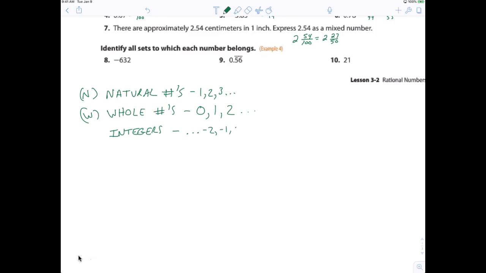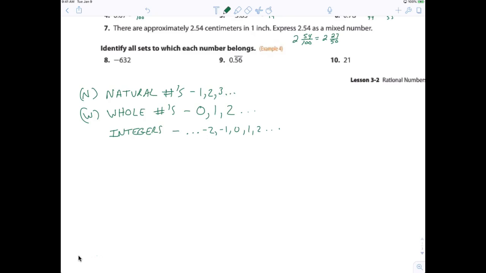They are ... -2, -1, 0, 1, 2, ... So integers are just positive and negative whole numbers. Everybody with me on this now? So integers is the first time that they introduce what type of numbers? Negative numbers.